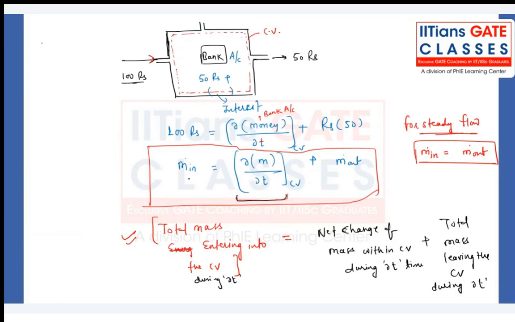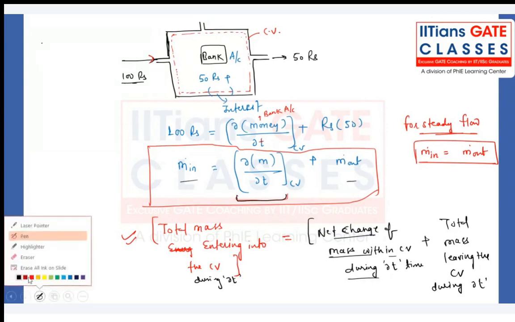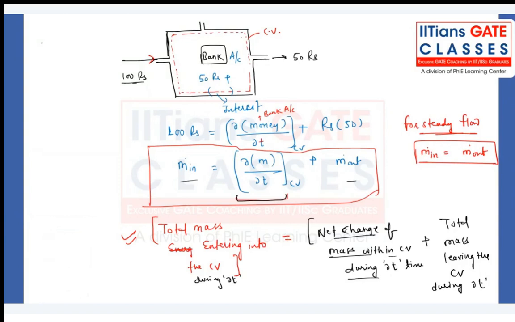You will think, sir, this has to be there, then why is this extra term there? That is the net change of mass within the control volume during delta t time. Now, all of you have noted down. Can I move to the next? Is it done?